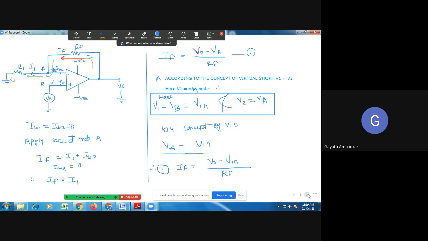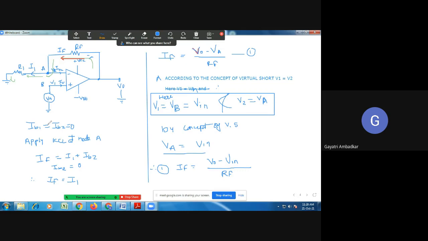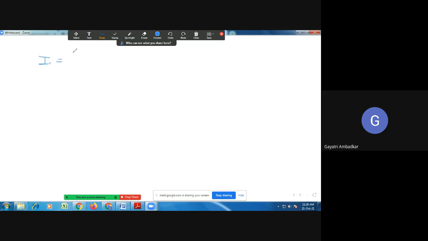So I1 is equal to VA minus 0 upon R1. But what is our VA? That is equal to Vin, just now we have seen. So this is equal to Vin upon R1.